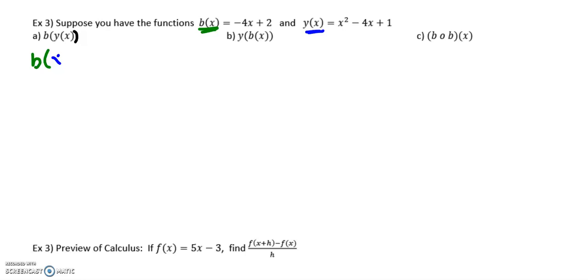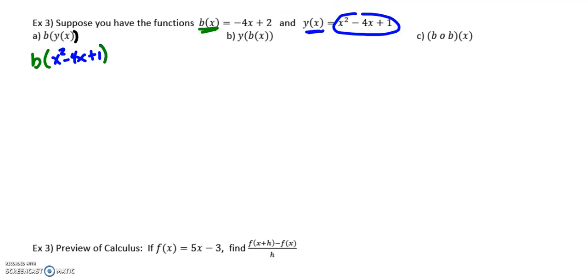By definition, it's x squared minus 4x plus 1. So I replaced y of x with what y of x actually is. This is saying take this whole value here and plug it into b. So I take that whole chunk right there and it replaces the x. It doesn't go beside it, it replaces the x.